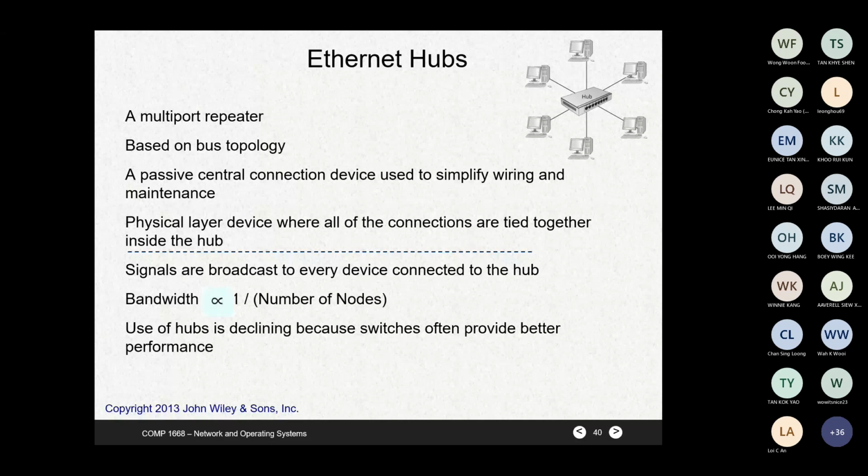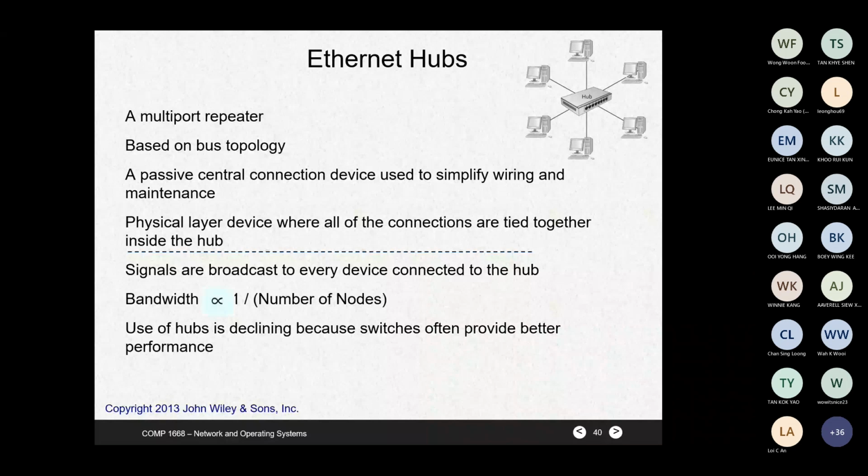Passive is like you don't need anything to be configured. It's plug and play. You turn it on, and the device will work by itself. Everything is pre-configured. It's not configurable. You just plug in and it works. That is passive. Nothing needs configuration. Normally we call these passive devices.